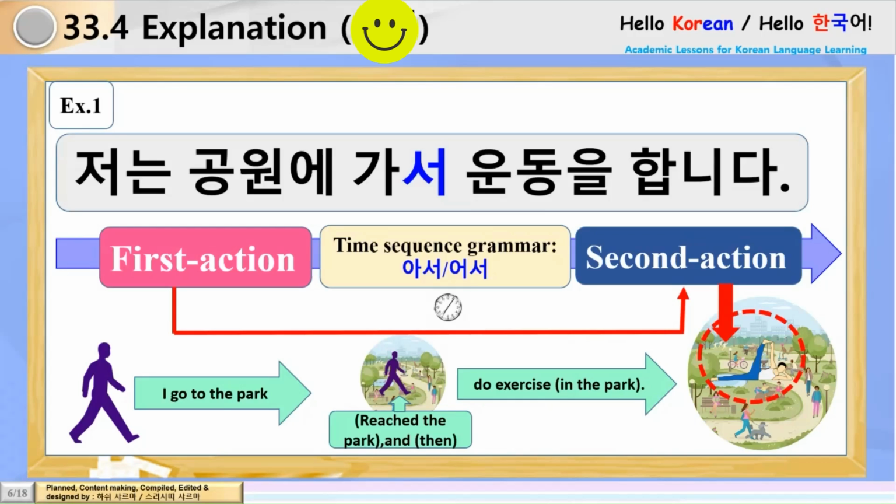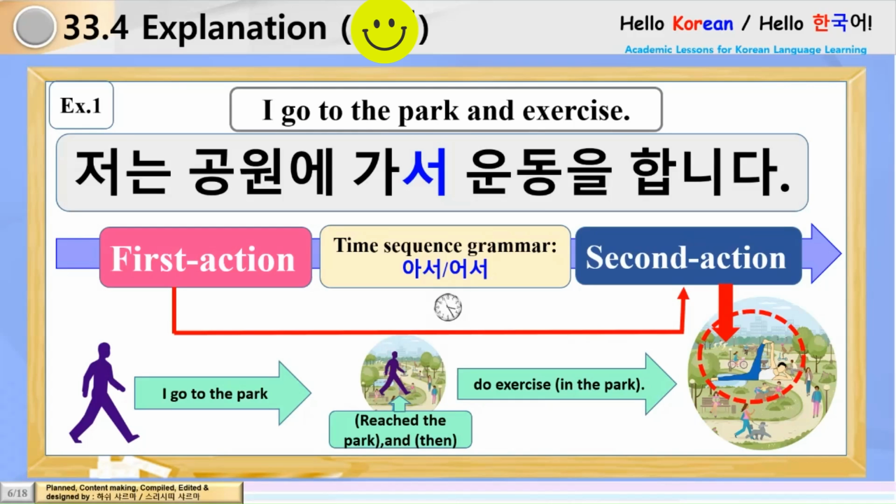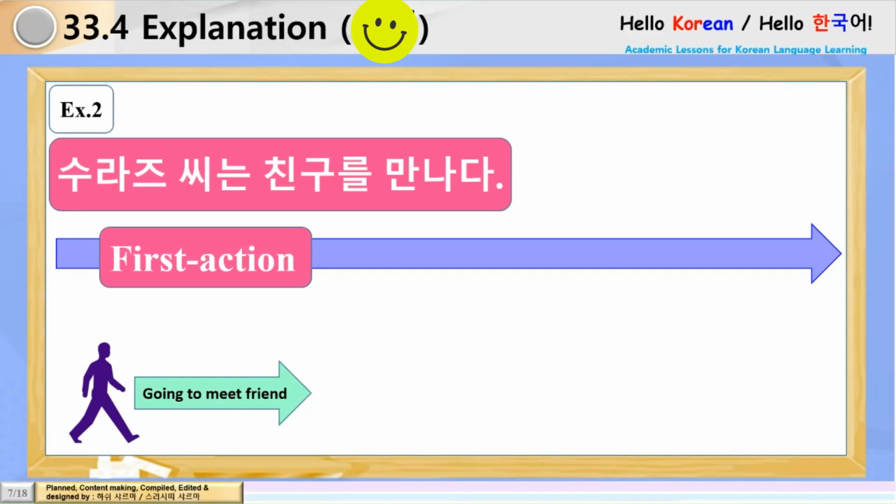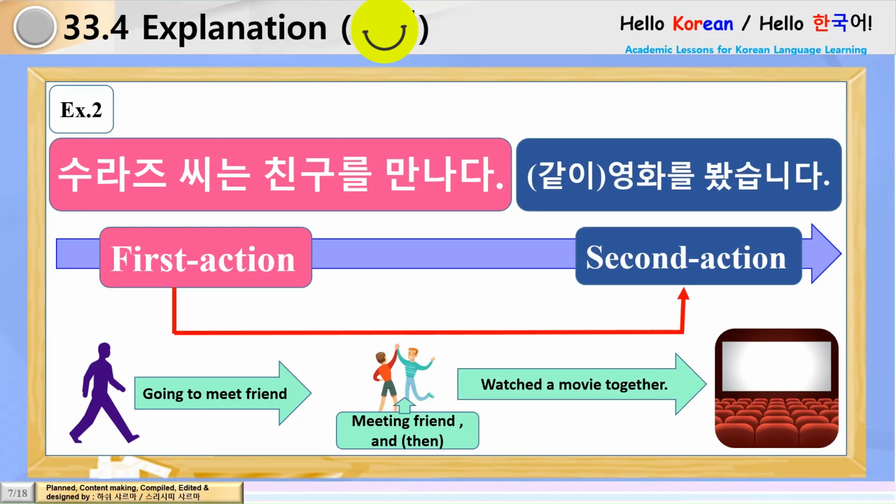We hope now this grammar is clear to understand. Let's see the second example. 수르 씨는 친구를 만납니다. And the second action is 영화를 봤습니다. This means first Mr. Suraj is meeting a friend and then they watched a movie together.